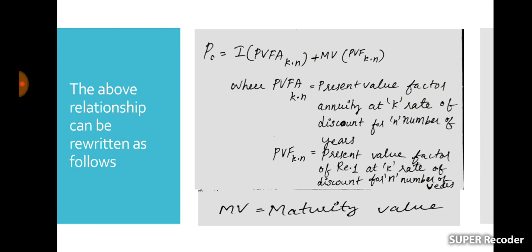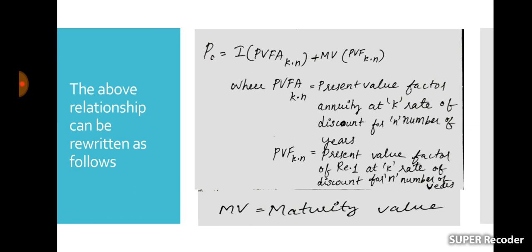Here we multiply the interest amount with the present value factor annuity, PVFA, because annuity means an income or a payment of an equal amount at a regular interval.